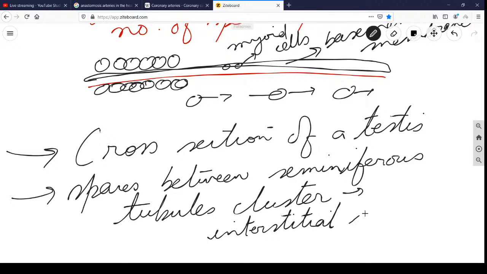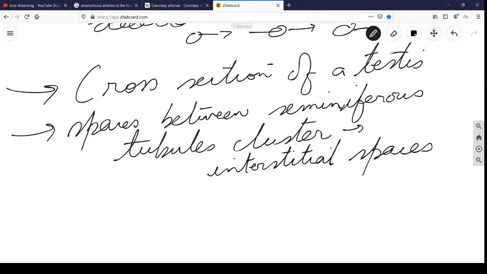These regions are very vital to testicular function, because they contain small arteries, capillaries and veins.